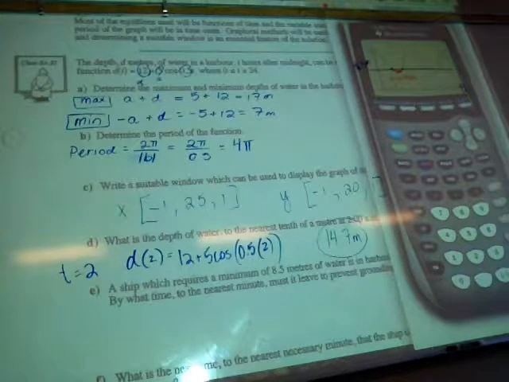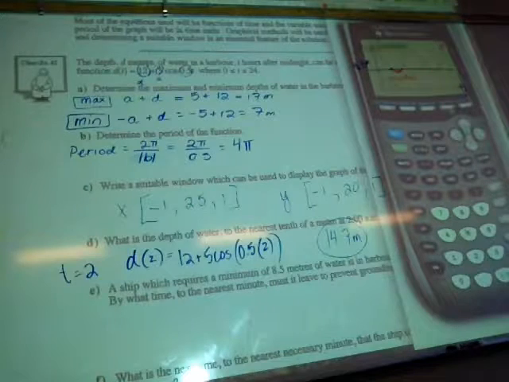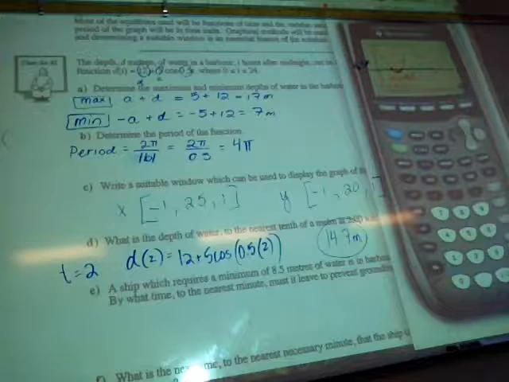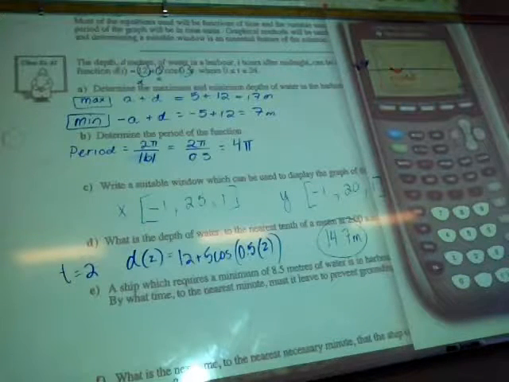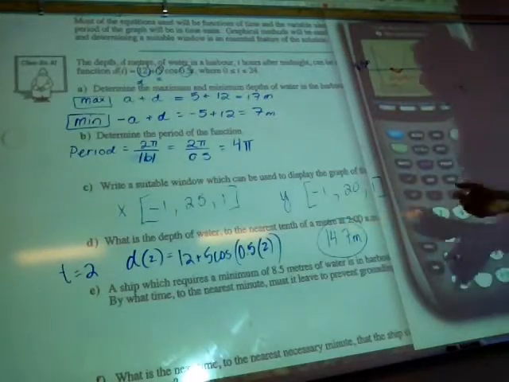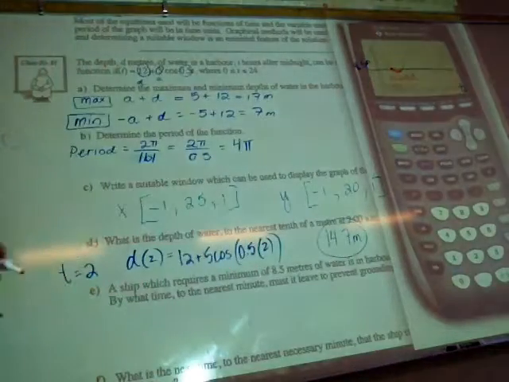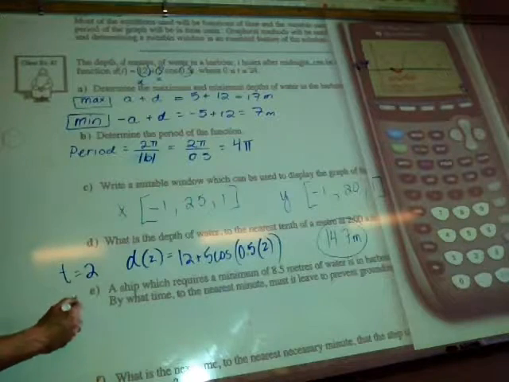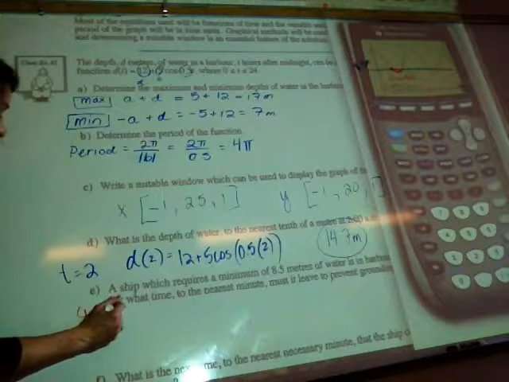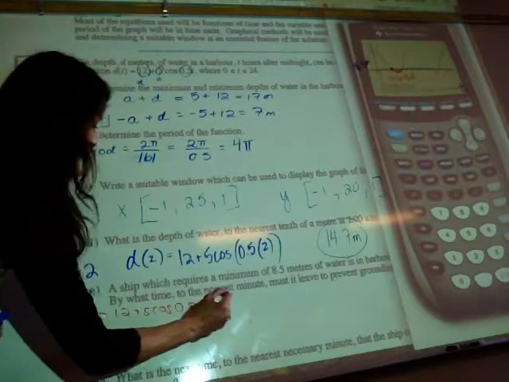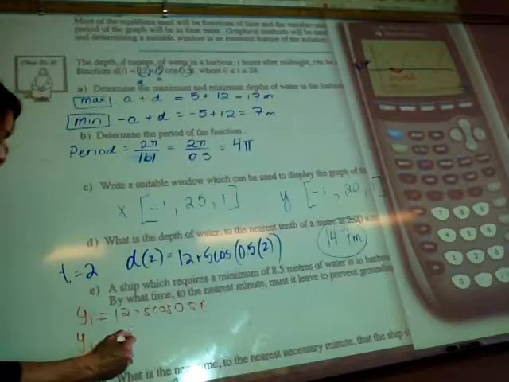So we're going to go second, trace, number 5, and move that cursor all the way over and get to that point. So obviously our y will be 8.5, but our x is 4 point, actually maybe I'll write this out. So y1 is our graph, 12 plus 5 cosine 0.5t, and our y2 is 8.5.